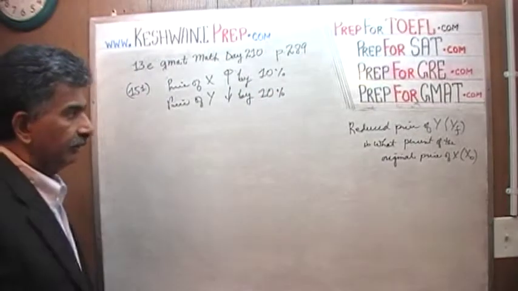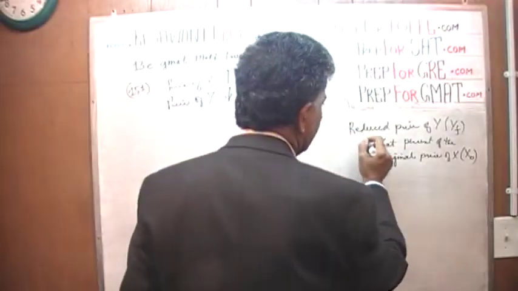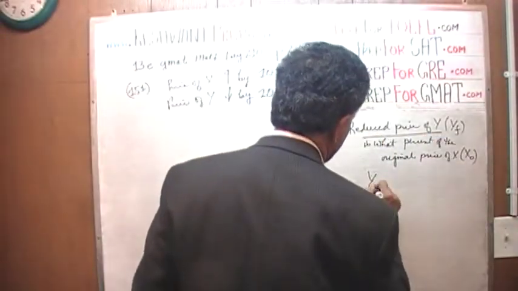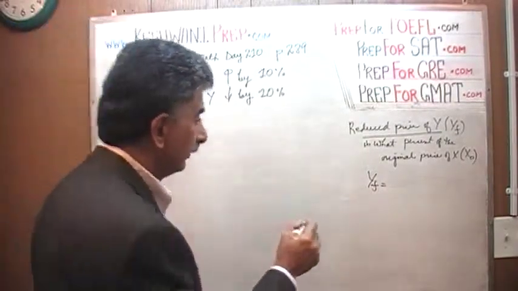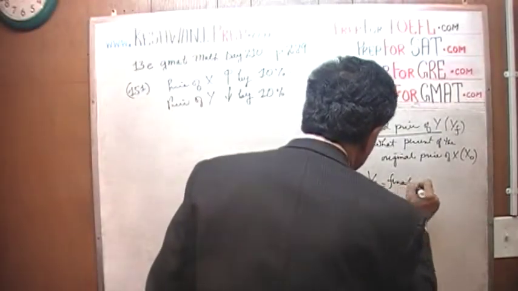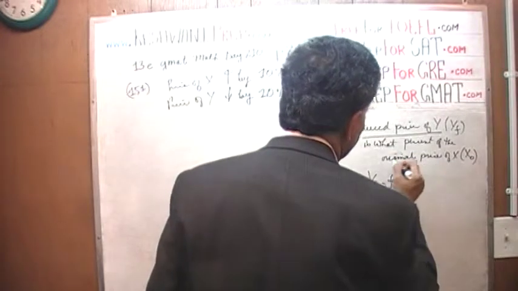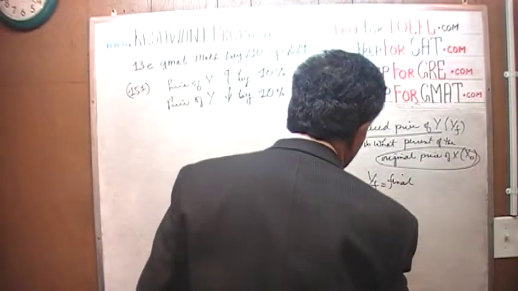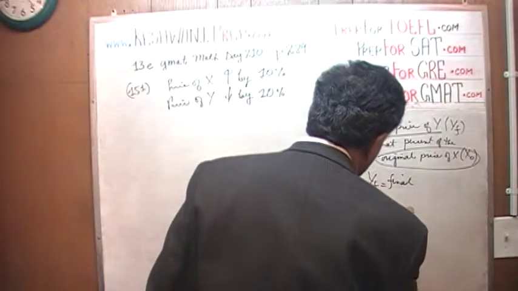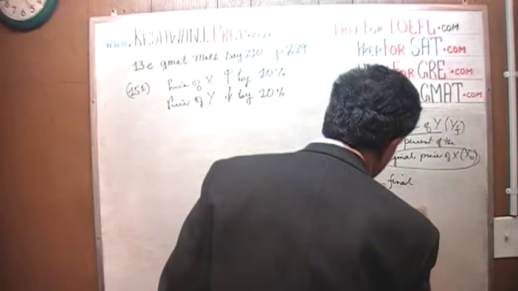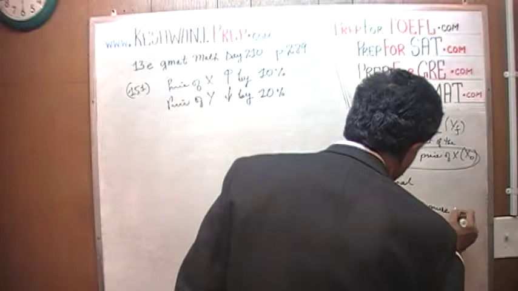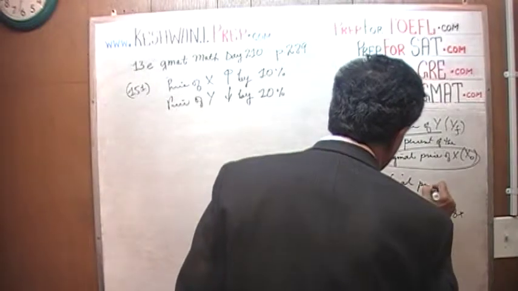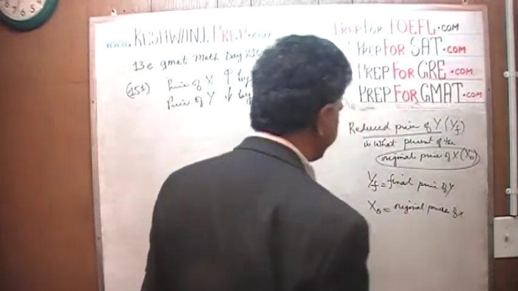The question simply is, the reduced price of Y, which we are calling Y subscript F, F for the final price or the reduced price, is what percentage of the original price of X, which we are calling X naught for the original price.